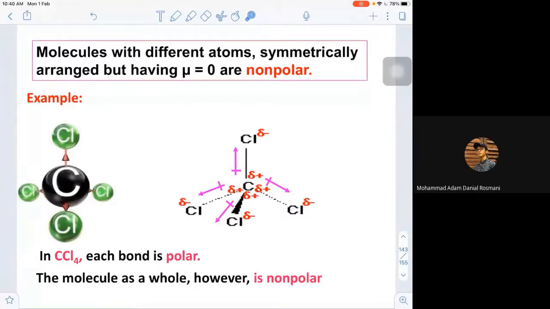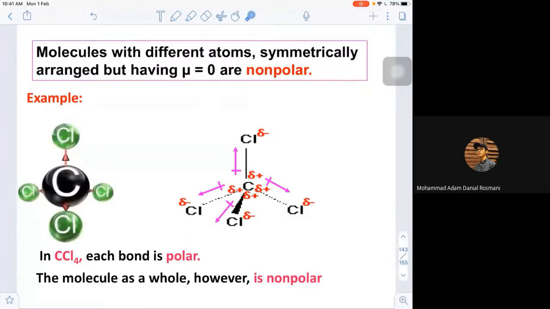So we have one dipole moment upward, which is actually cancelled out with the combination of these three forces downward. These three combine, and the force downward is actually the same as one force upward.